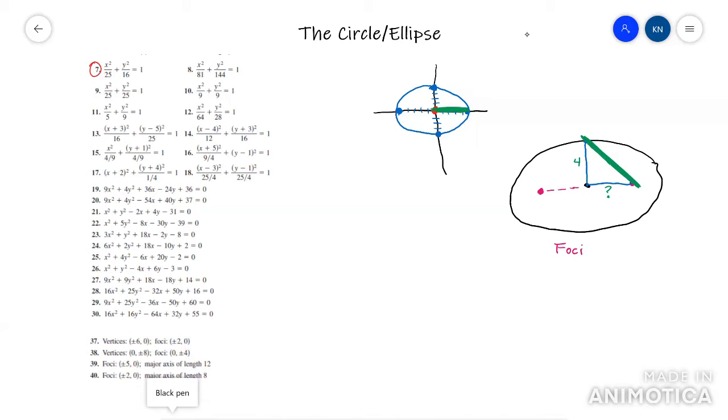So in this case, that's 5. And so you can use the Pythagorean Theorem to solve for this. And if you do that, you will get 3. This distance is 3.